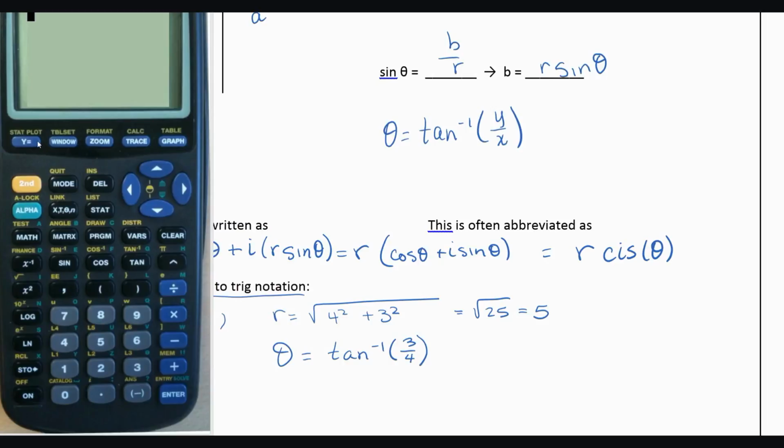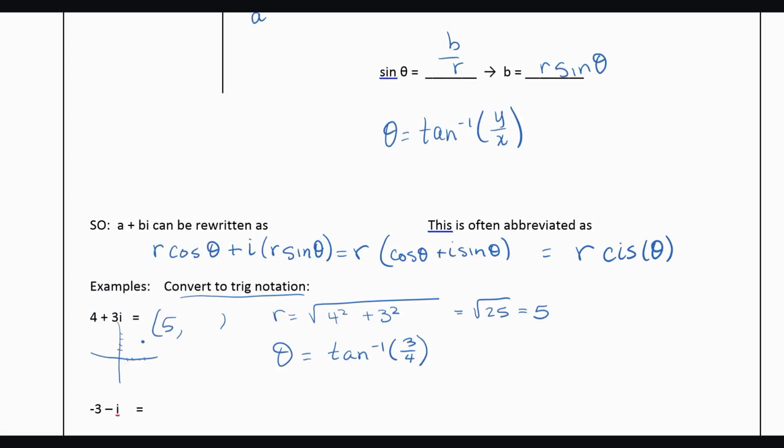I put this in degrees, so tangent inverse of 3/4, and we see that that is 36.9 degrees. And that is in the first quadrant, so that's the angle we want. So this is our r and our theta, we would write this as 5 cis of 36.9 degrees.